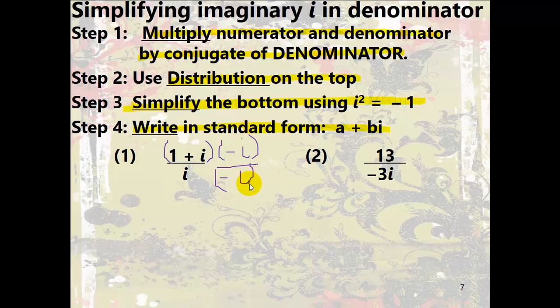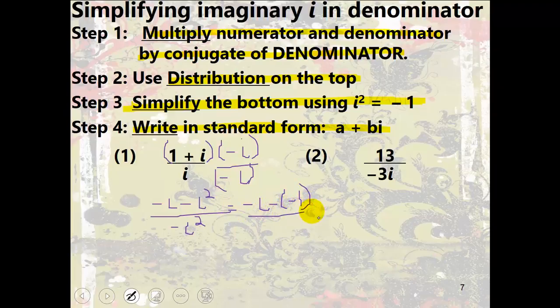Now I'm going to use distribution, which gives me negative i minus i squared over negative i squared, which gives me negative i minus negative 1 over negative of negative 1. So I get negative i plus 1 over 1. So I just get negative i plus 1.